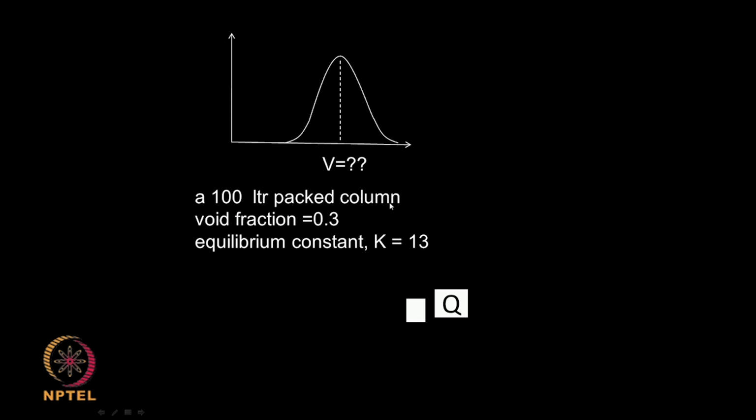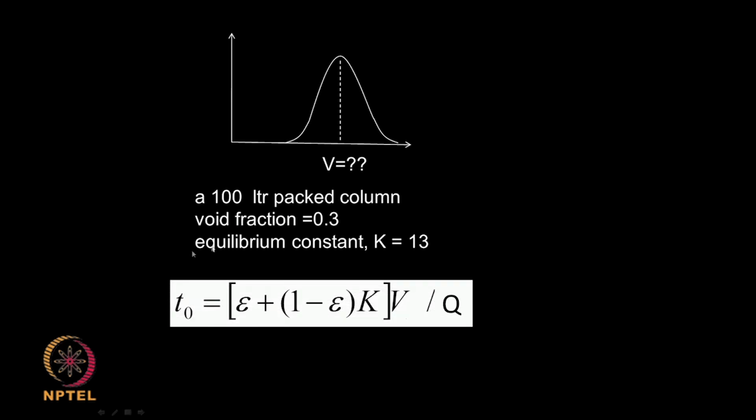Okay, let us again look at the chromatography. So, imagine a 100 liter packed column, the void fraction is 0.3, the equilibrium constant K is given as 13. Now, you are asked to calculate what will be the V, that is how much of the liquid I need to collect so that the peak reaches its maximum, that is equivalent to your residence time, because t naught is your residence time and t naught Q is equal to V. So, you need to use the same equation.